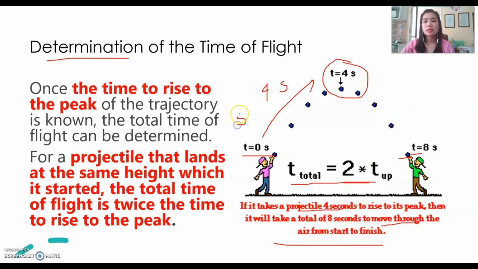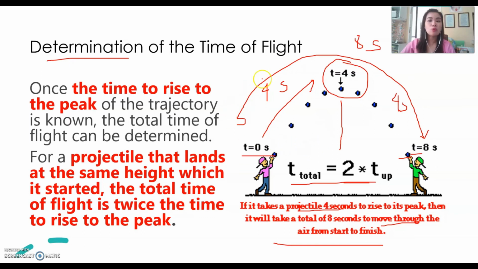The half time is 4 seconds going up and 4 seconds coming down. The total time is equivalent to 8 seconds.